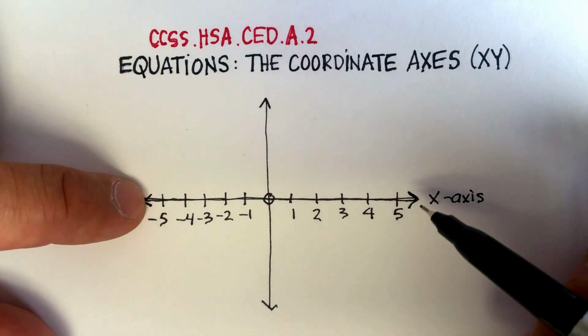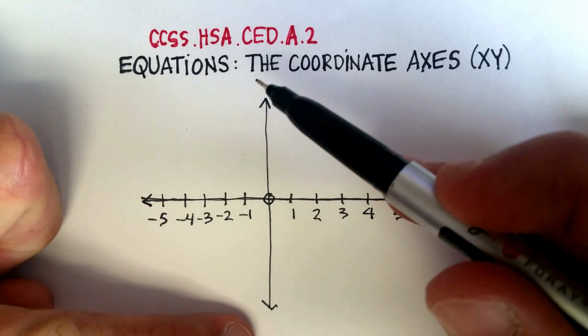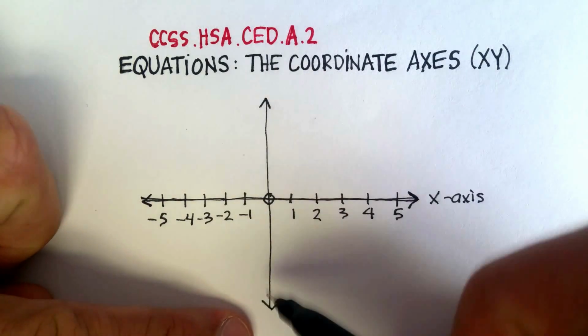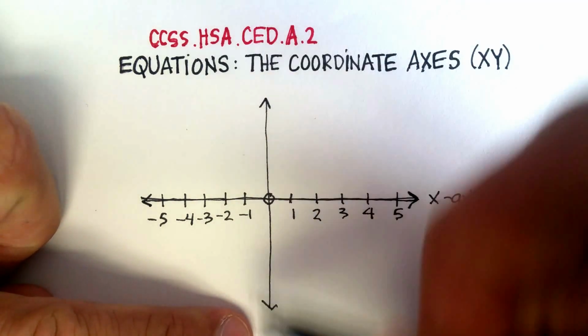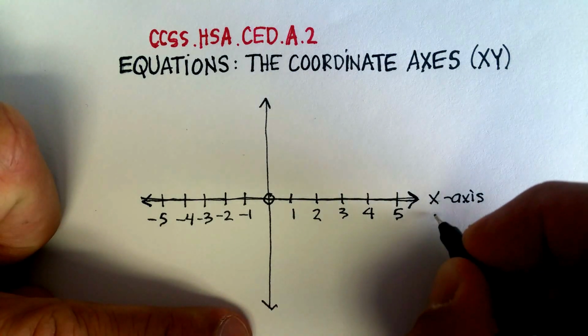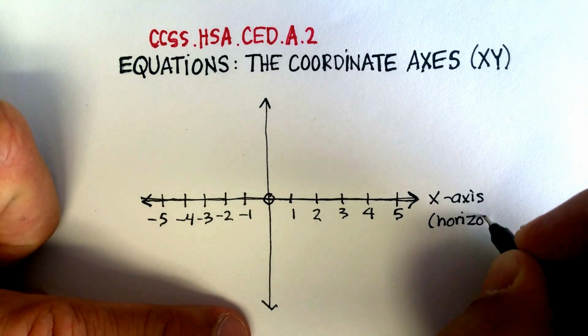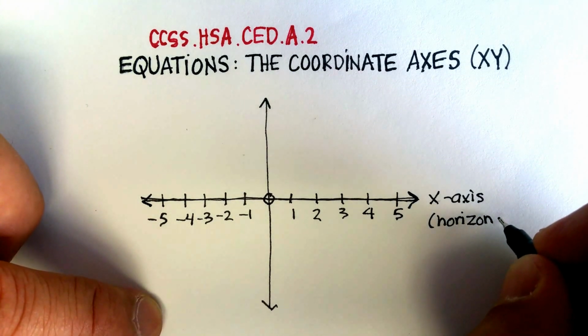Now, a lot of people have taken this x-axis and flipped it up this way. And you have the exact same number line, but now it's going in a vertical axis. This is called the horizontal axis, and a lot of disciplines like physics, for example, call it the horizontal axis.